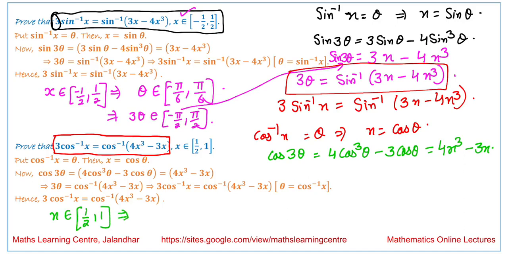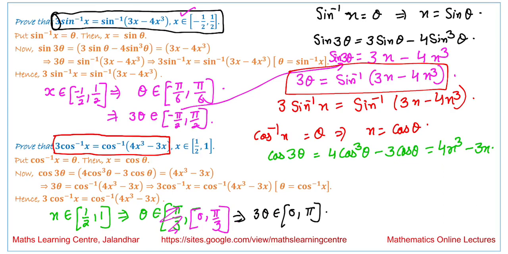So this implies that the value of theta belongs to the interval 0 to pi by 3, and this implies that the value of 3 theta belongs to 0 to pi.